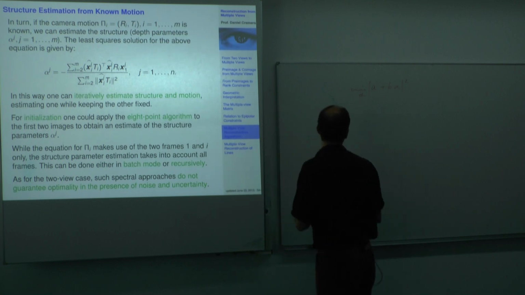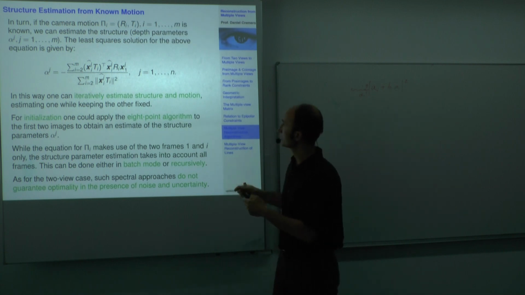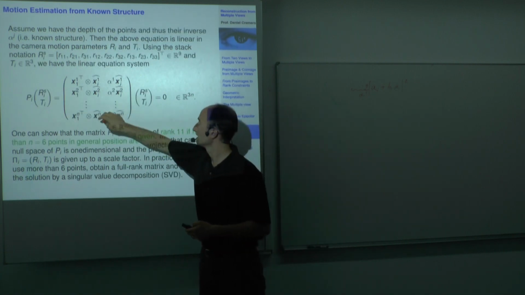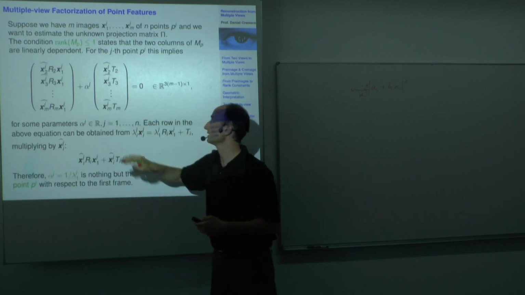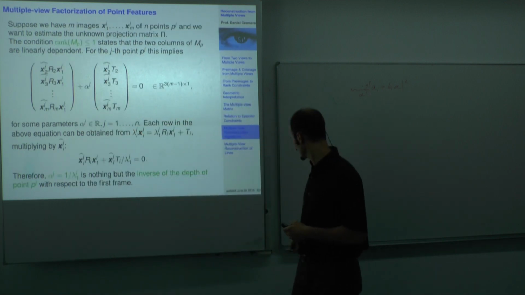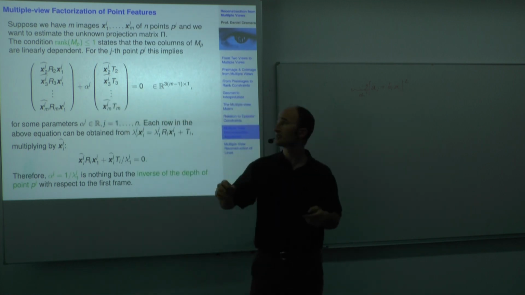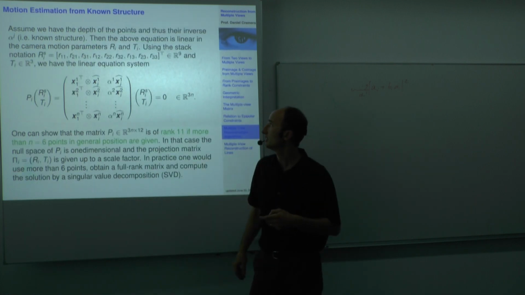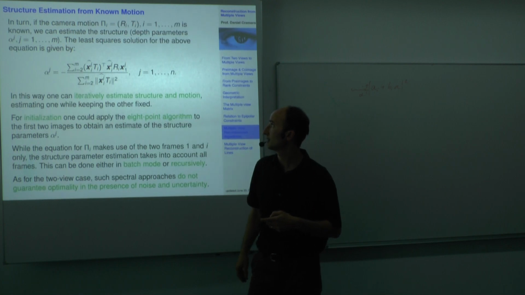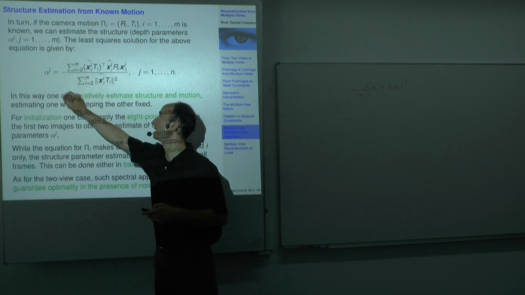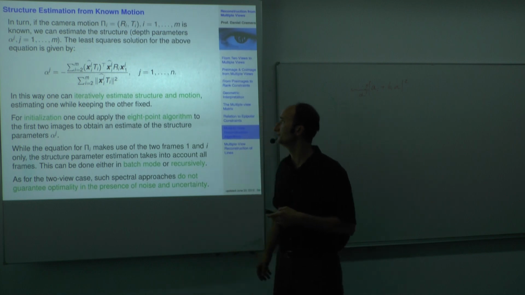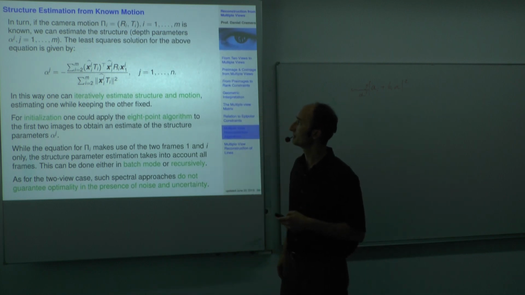So more specifically, the structure is that you have a sum here, and a_i, b_i are these coefficients that you have here. So this is a linear expression, and if I take the square and sum over all images, i equals 1, 2 to m, then I can solve this.